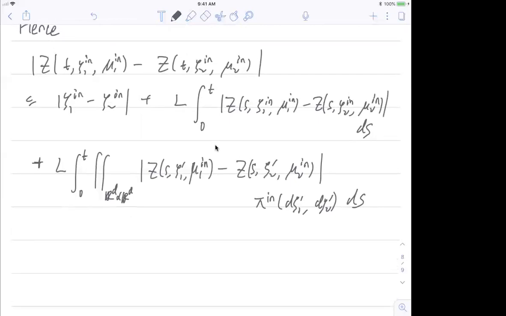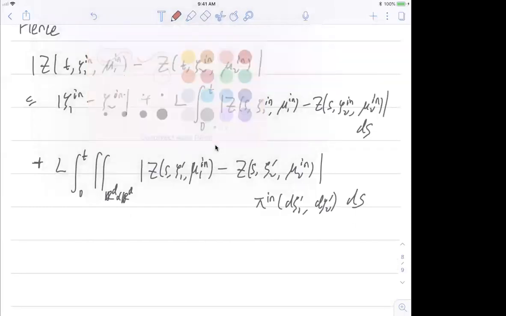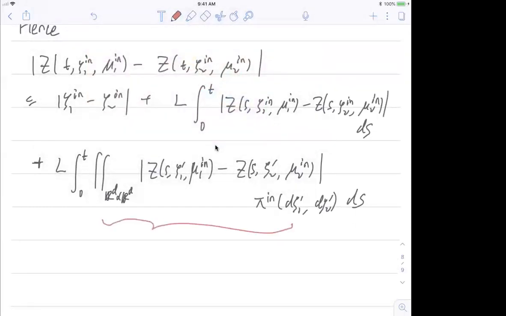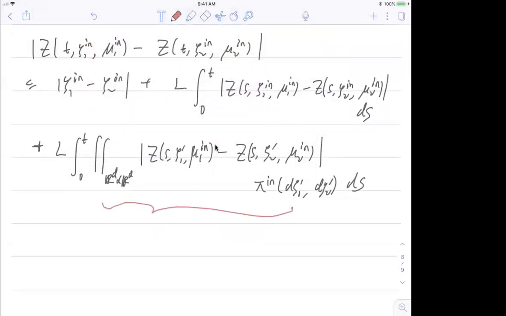As long as we introduce one notation here. Let's call this notation d pi initial. This is with time s.